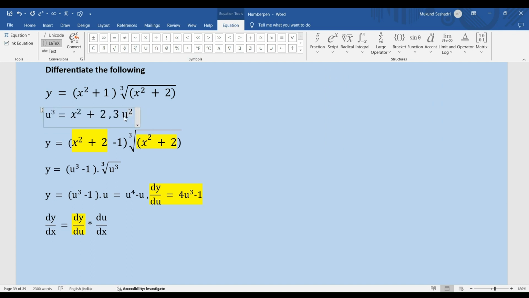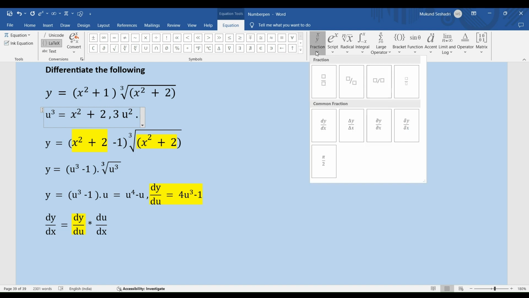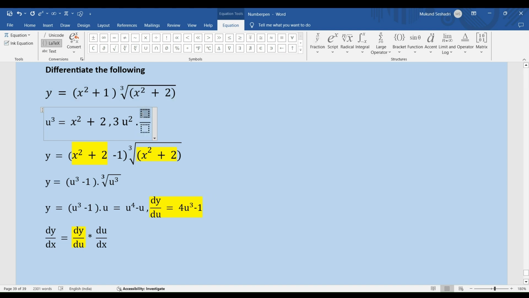We will solve problems of this type, and I just wanted to pick this as an example so that you get familiar with solving problems by making these kinds of substitutions, which is slightly different from some of the earlier problems that we have seen. So 3u square into du by dx, right? What am I actually doing here?